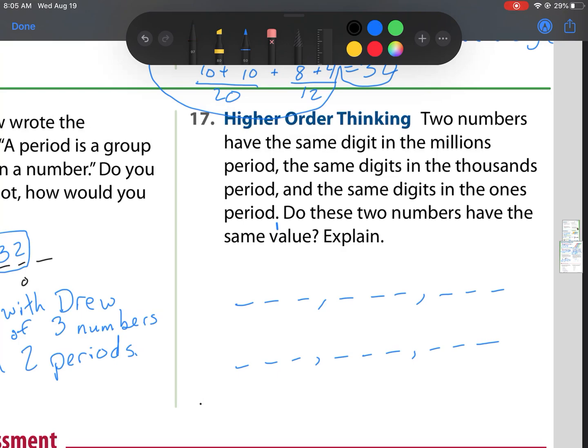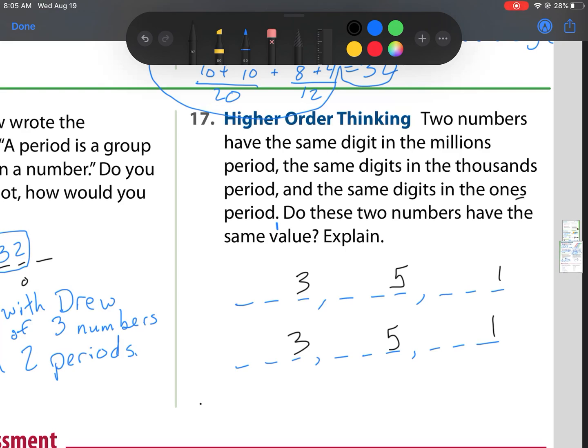So we're going to put the same number, I'll say 3. The same digits in the thousands period. So let's pick another number. I'm going to say 5. And the same digits in the ones period. So let's just pick 1. Now, here's our tricky part. It says in the ones period.